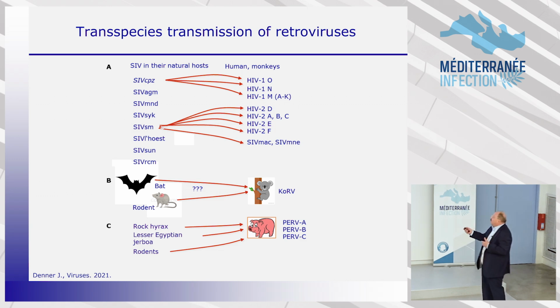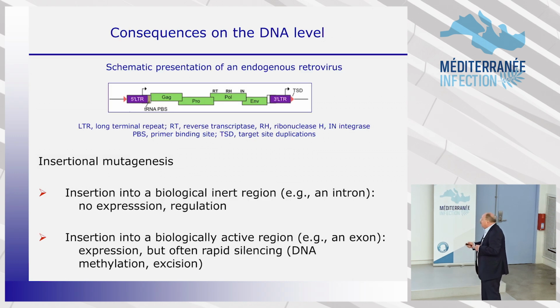They are non-pathogenic in the natural host, but they induce severe immunosuppression in the infected host. Such a species transmission is also described for the koala retrovirus, and as I will show later, for the porcine endogenous retrovirus, there are the roots of these viruses in different rodents and other animals.